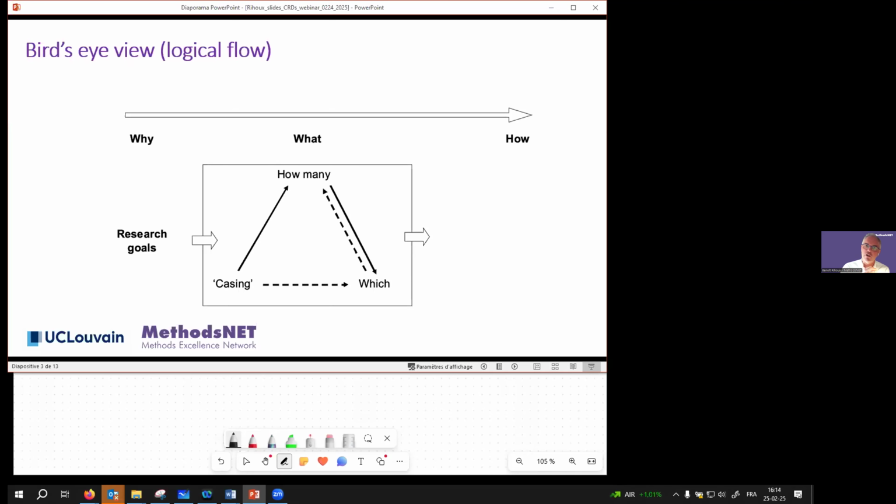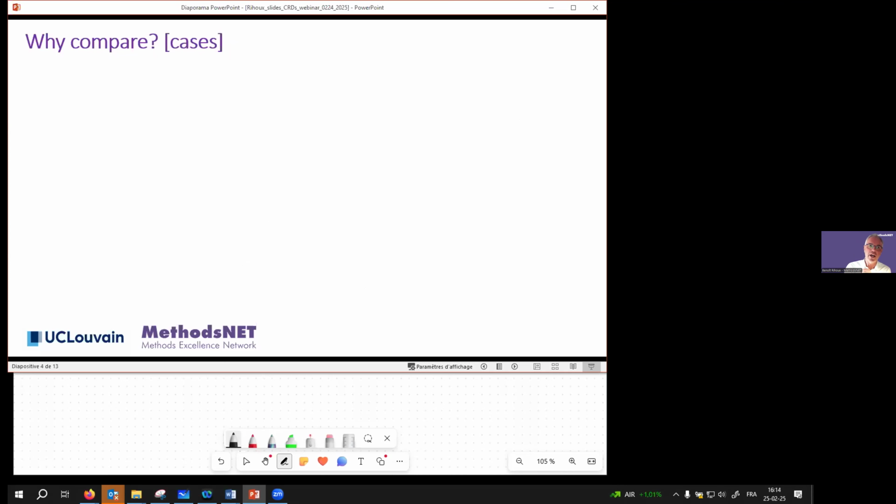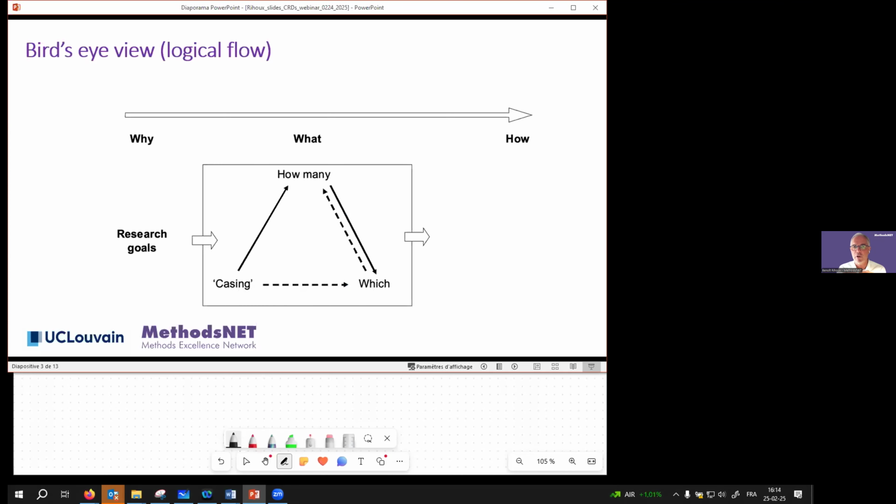And in general, this whole diagram is super simplified. Real life research is much messier. It's about going back and forth, iterations, emergence. So again, much simplified. Then, once you have selected your cases, the core issue is how to compare.